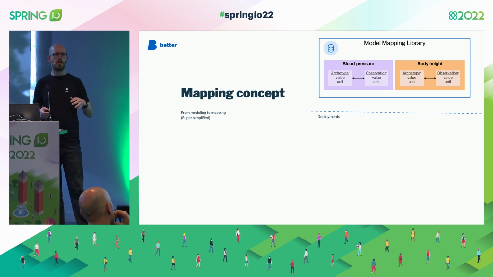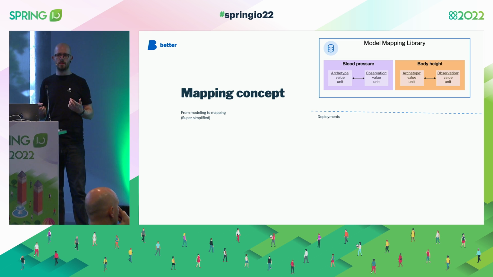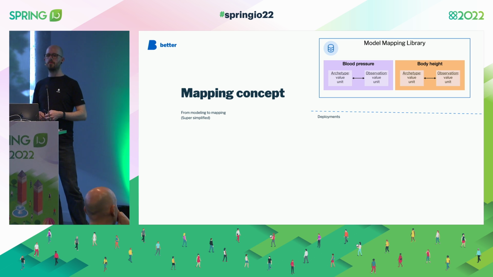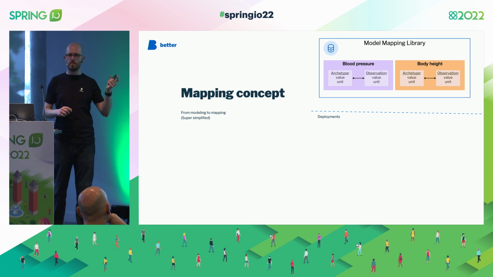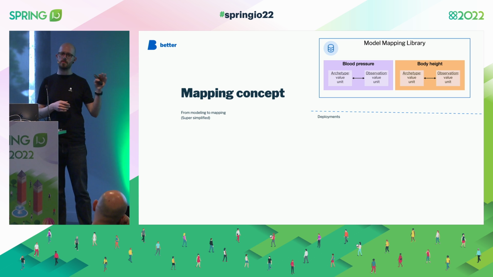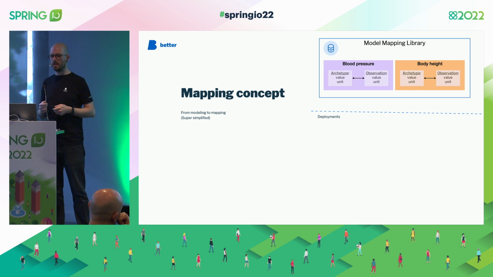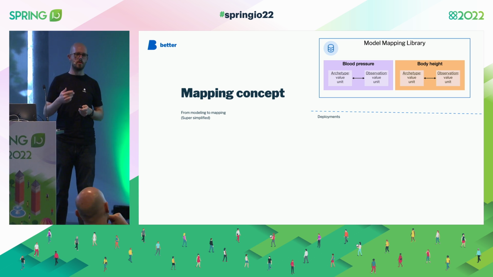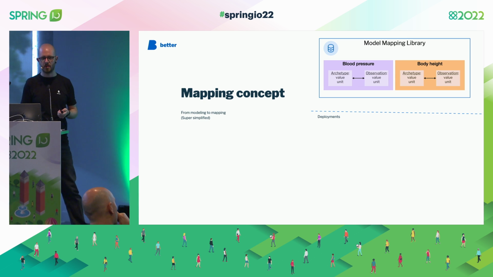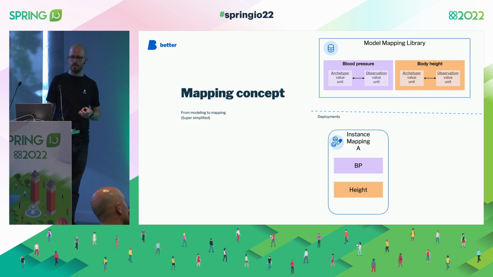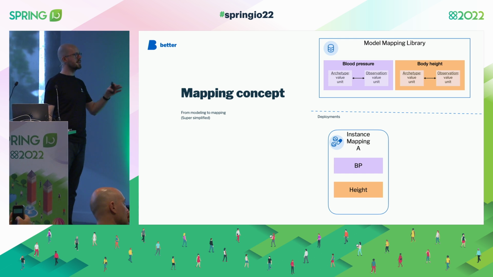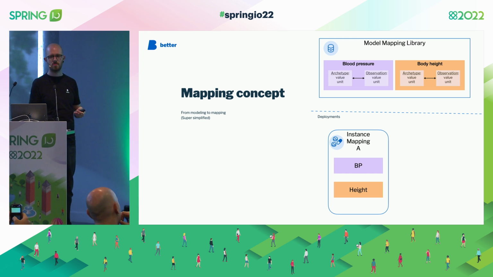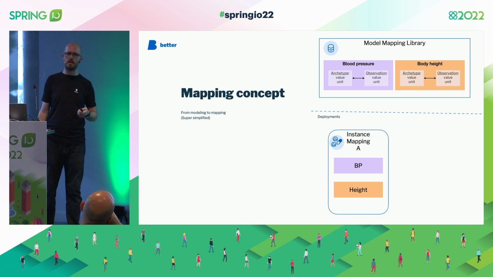We have the idea to have a model library, which is globally shared, community-driven, where you map the smallest parts of information in its clinical sense, for instance, the blood pressure or body height between these two standards, and then you can leverage them and use them in a reusable sense without changing them. So in one instance, you could build an application that handles medication and take both of those things to calculate maybe dosages or something like that.